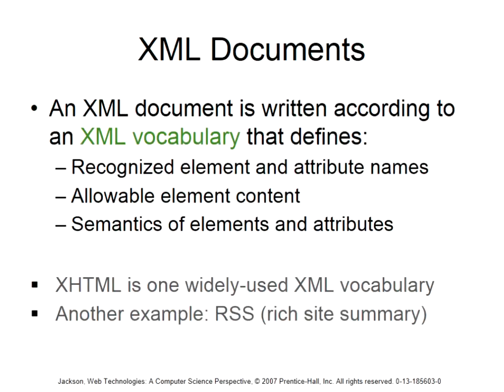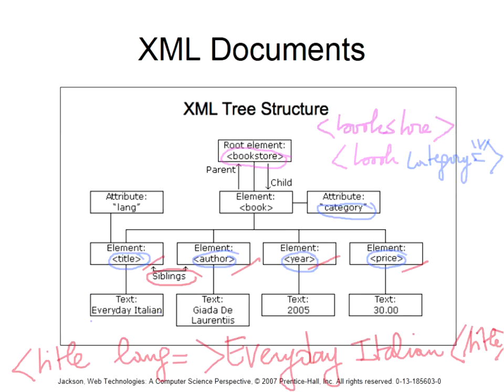Yes, the attribute of title is lang, for language. So if I want to write title, I will write title like this with the attribute lang equal to a value. After that, Everyday Italian is the text, and then the closing title tag. Any questions about this example?